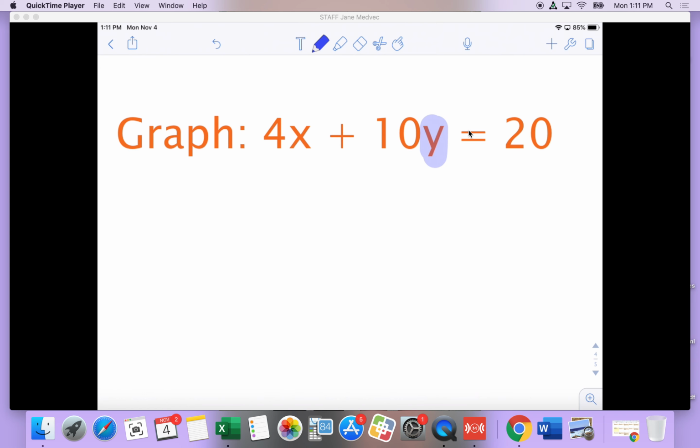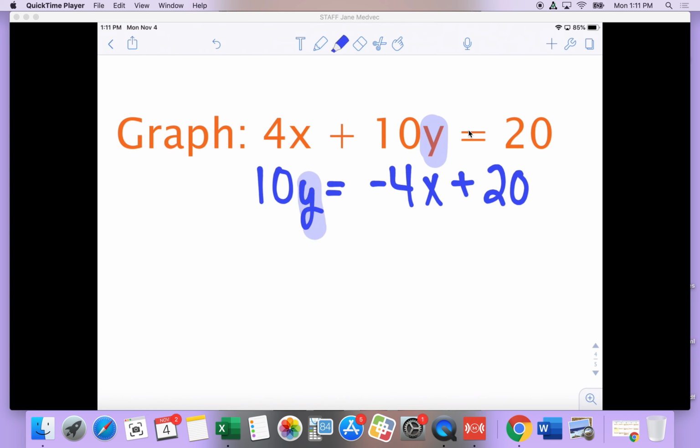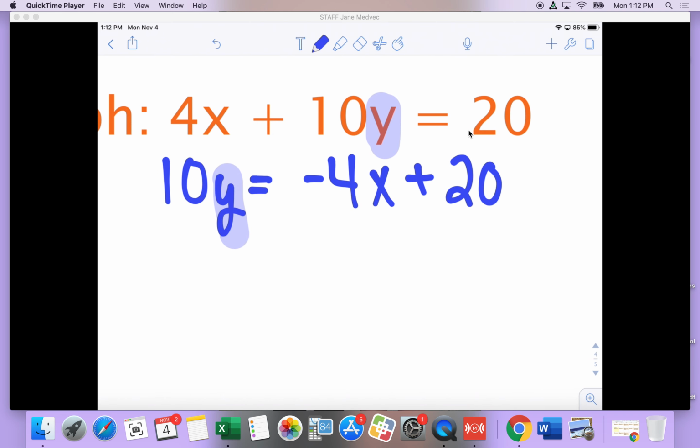Subtract 4x, right. So I've got 10y equals, what comes first, the 20 or the minus 4x? Minus 4x, that's right. Am I done? No, my y is still not by itself. It's still attached to the 10. So how do I get rid of the 10? I'm going to divide by 10.